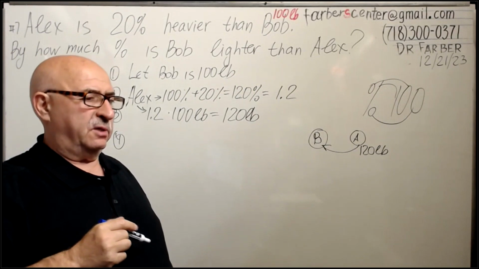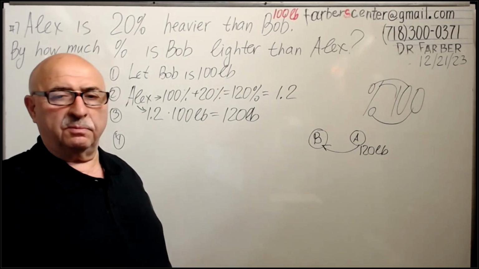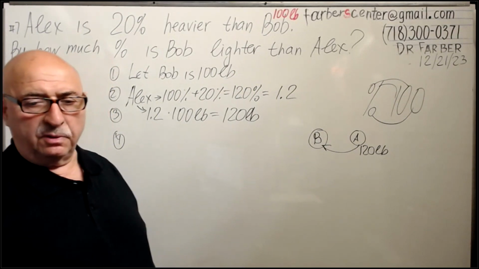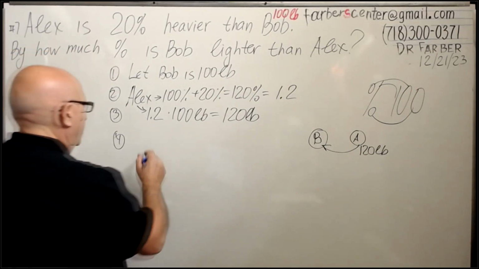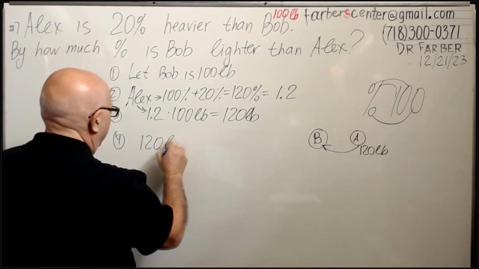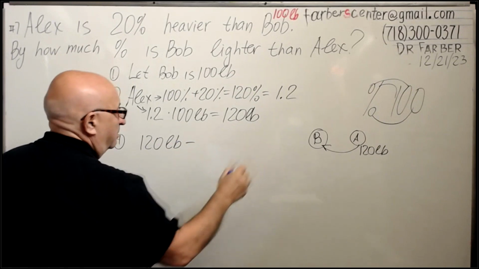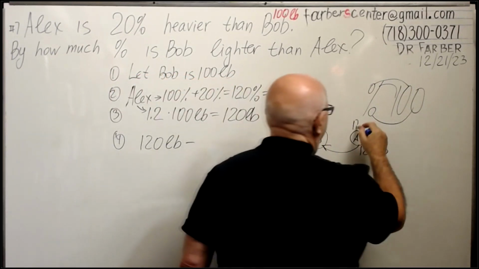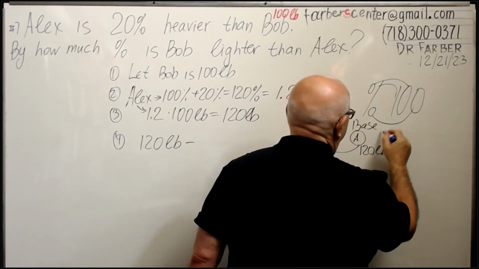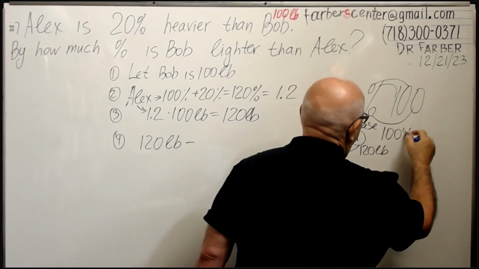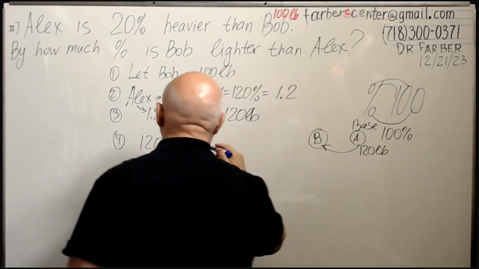Like in Paris, they have a base, a meter made of special material. This is the base, so 120 pounds. And since this is our base, it is always 100%. So this is 100%.